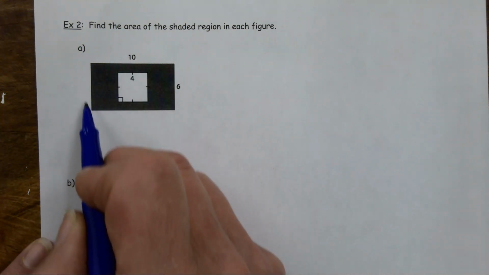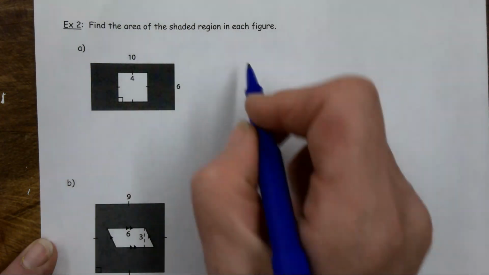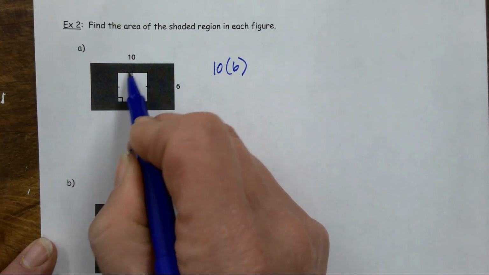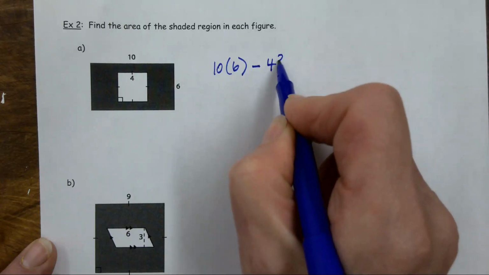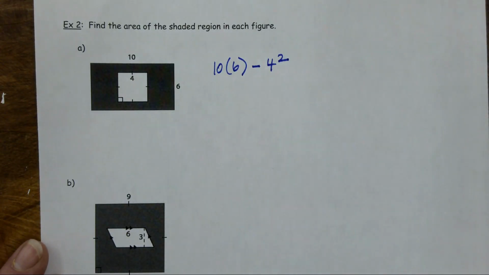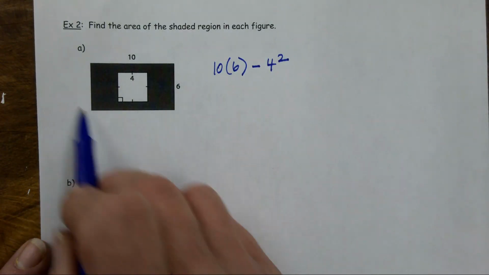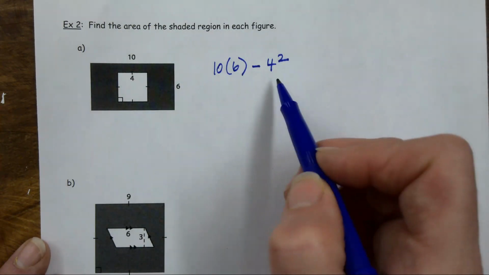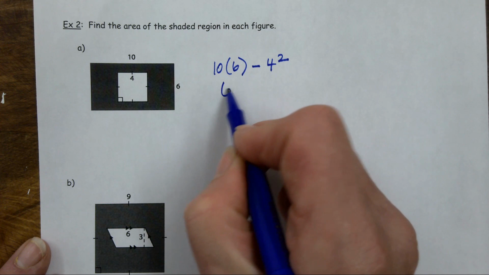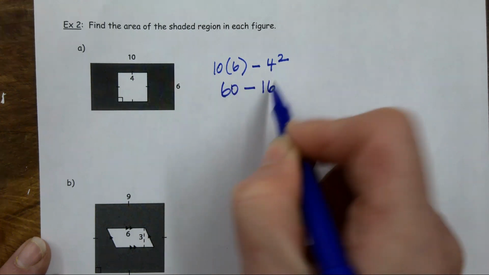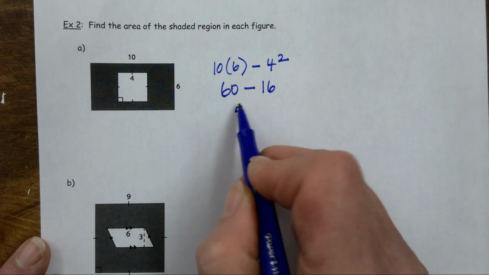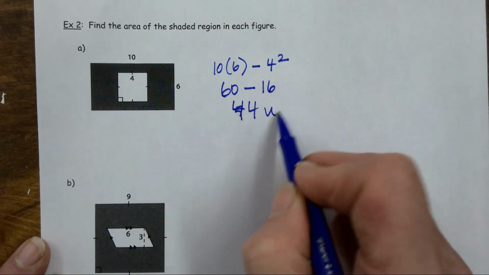I want the area of the outer minus the area of the inner. So 10 by 6 gives me the full rectangle. Subtract out the square in the center. 60 minus 16. Is that, oops, 44? Great.